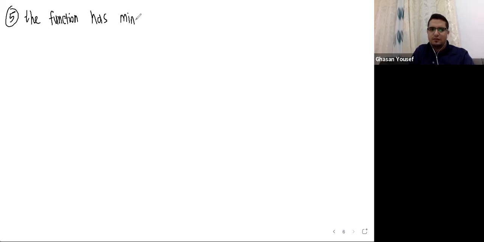So here I can solve this one. The function here has a minimum value, because a is equal to 5, and 5 is greater than 0, positive. So what is the minimum value here?